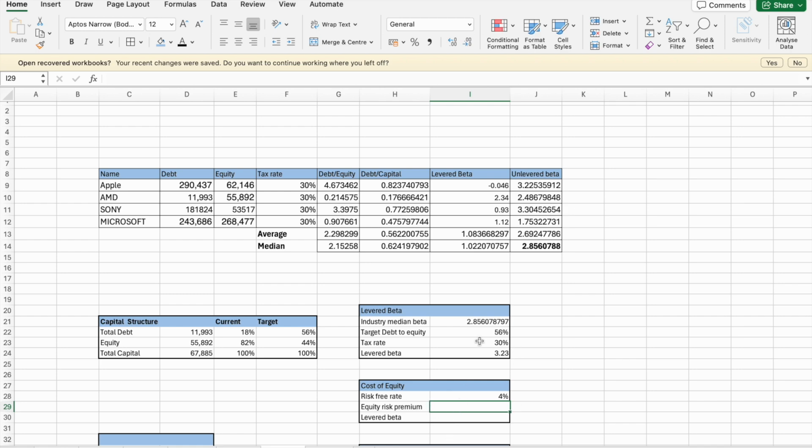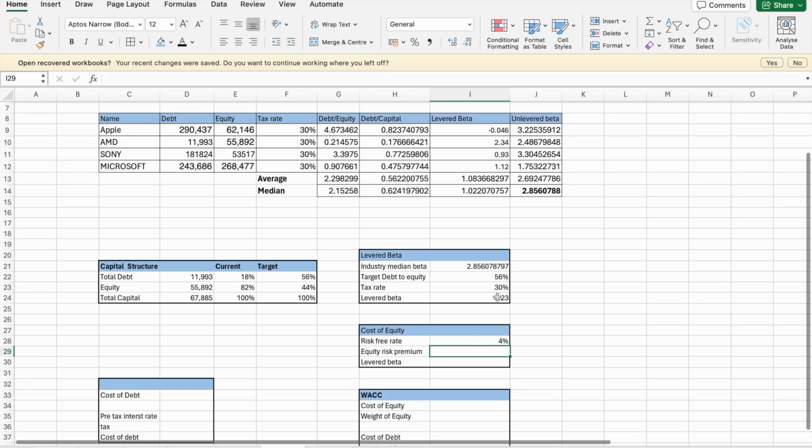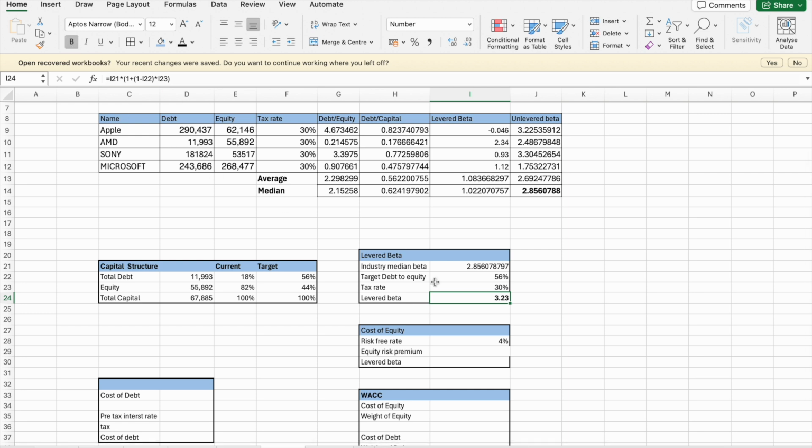So we need to get the equity risk premium. We got the levered beta, the risk free rate, and we need the return of the equity. So simply the risk free rate plus we need the return of the market.